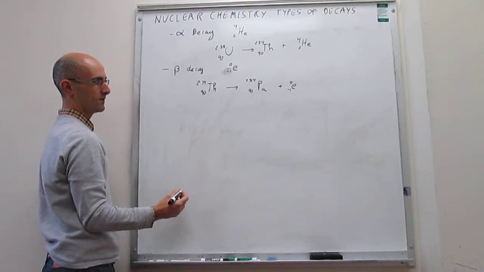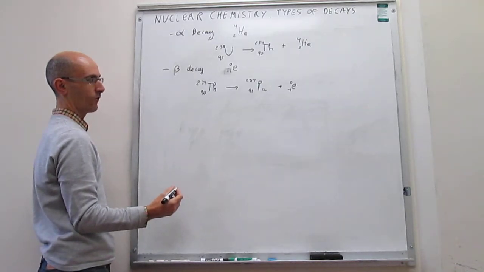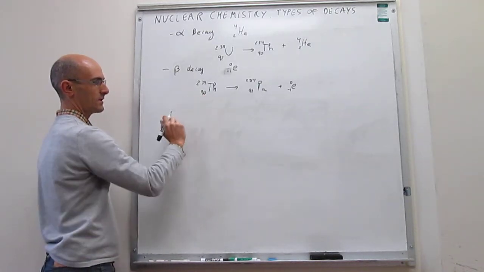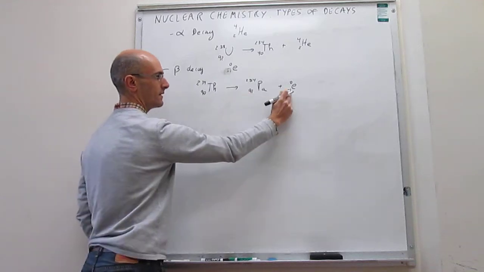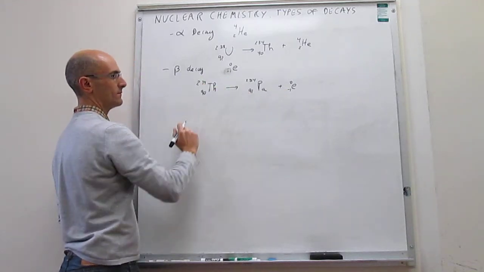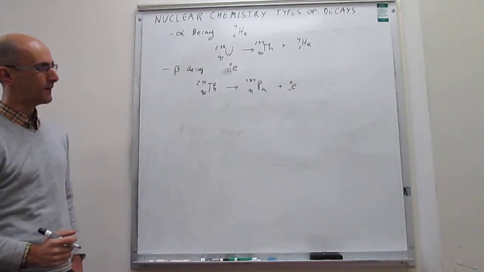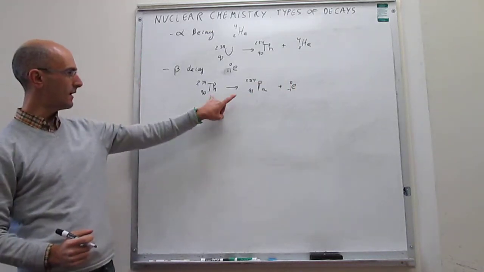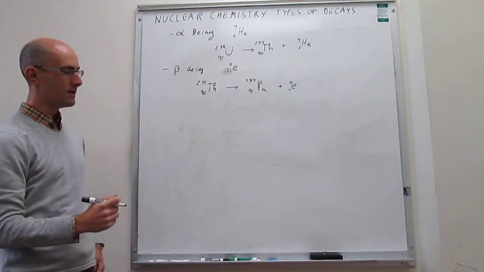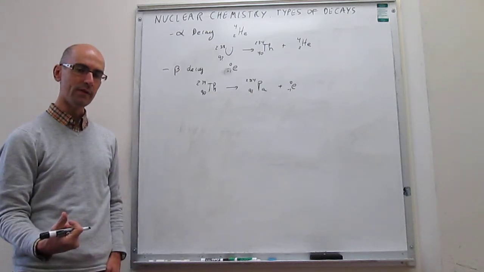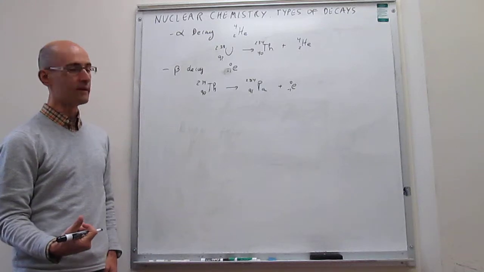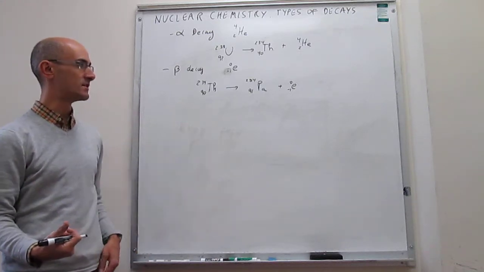Let's make sure that our equation is correct. Notice that the atomic numbers balance, 90 protons on each side once the electron is counted, and the mass number doesn't change, which makes sense. Effectively, in this transformation you have increased by 1 the number of protons, but the mass number hasn't changed.